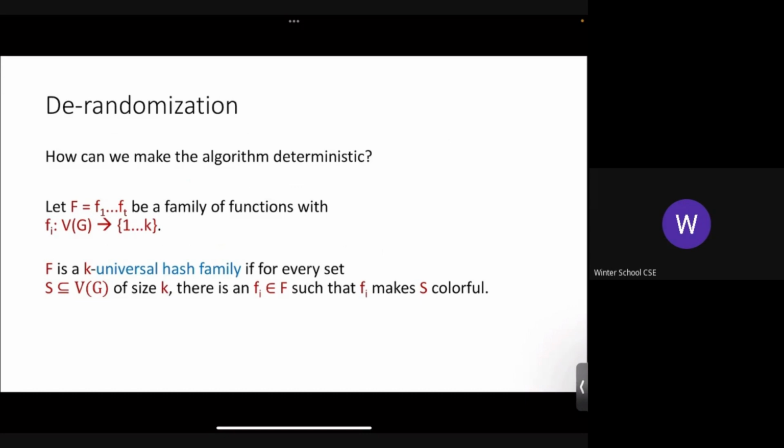But this time, view this function as just a coloring of the graph. And this is a very huge set, where every function is a coloring. But the magic property of this coloring family is that if you give me any set of size k, I will tell you there is at least one function that colors this particular set in all different colors.